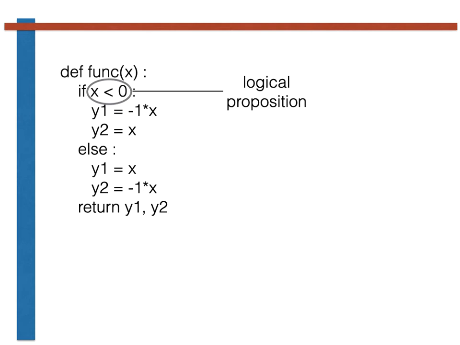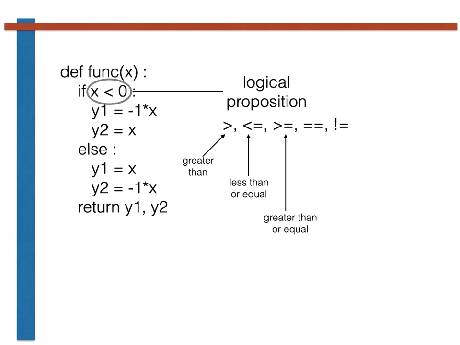Now notice that less than is not the only binary operator that can appear in our propositions. We can use any one of the following set of symbols, namely greater than, less than or equal to, greater than or equal to, is equal to, is not equal to.